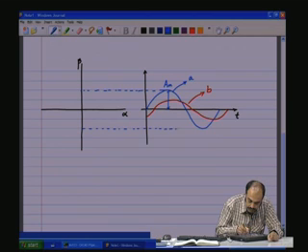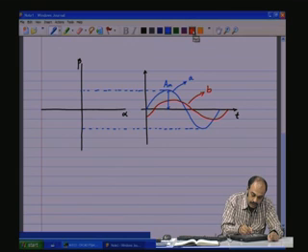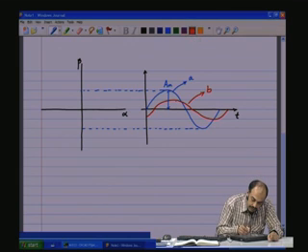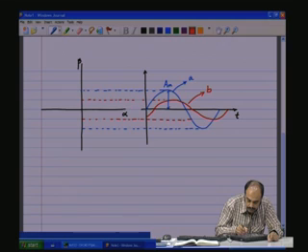So, we see the peak to peak amplitude here, and the red has a peak to peak amplitude of this magnitude as shown here, like this.